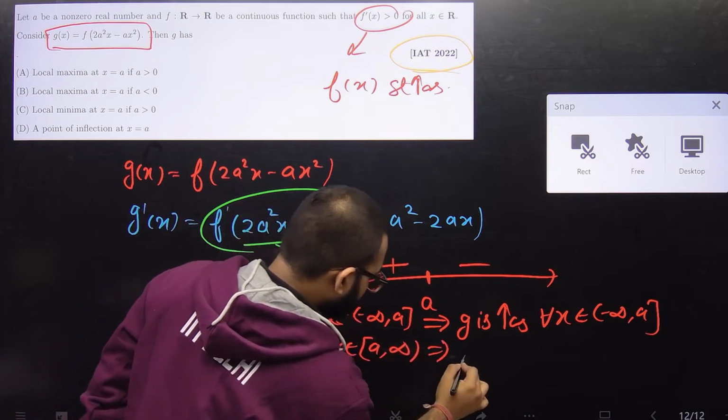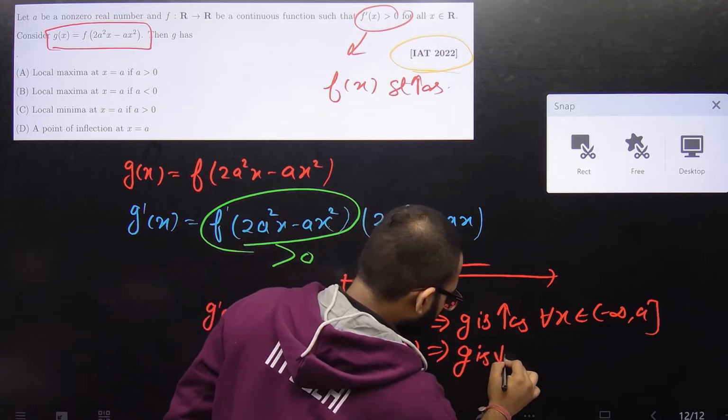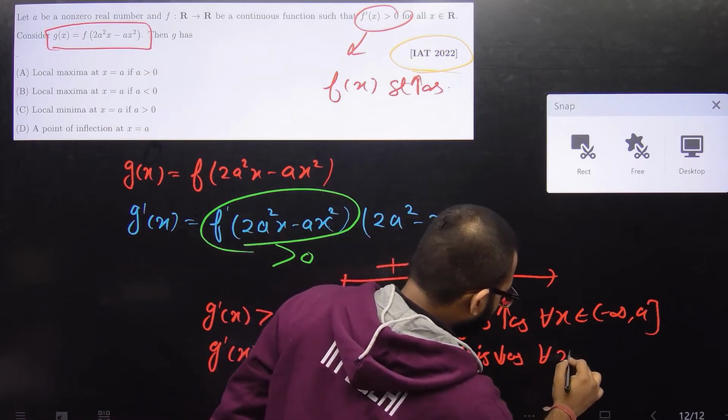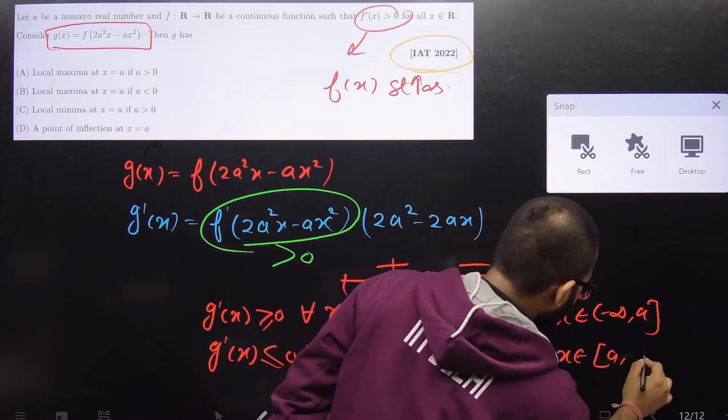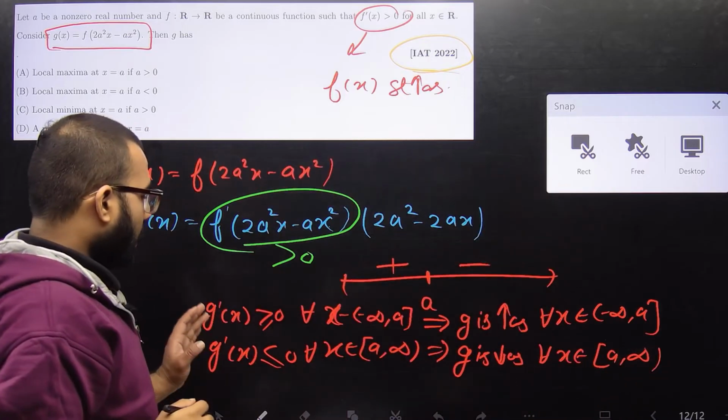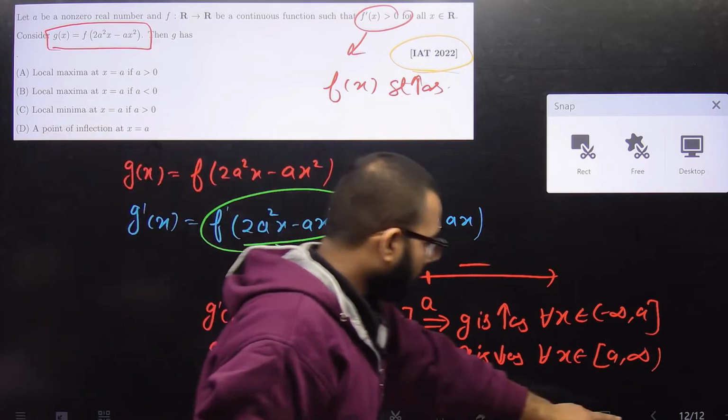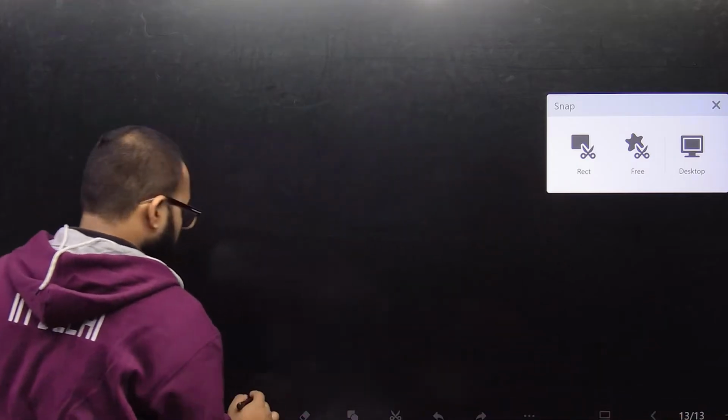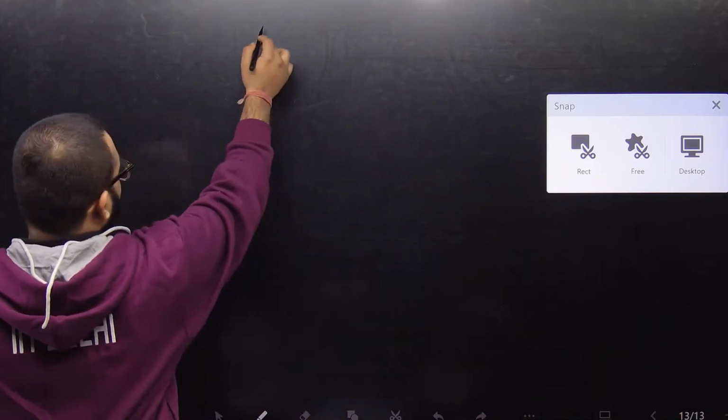All right. So g is decreasing for all x belonging to a to infinity. So our function g(x) is increasing from minus infinity to a.